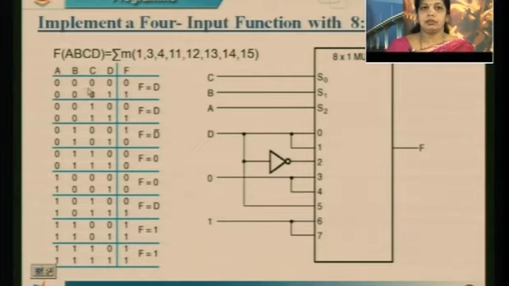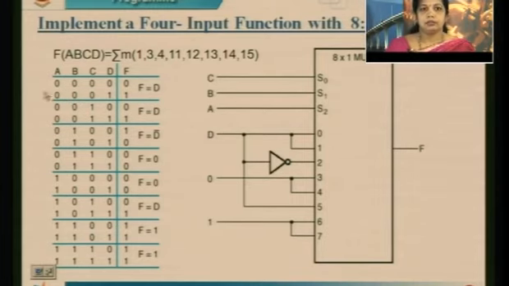Here 0 0 0 is repeated twice, 0 0 1 is repeated once again, 0 1 0 is repeated, and so on. So 16 will become 8. I am going to consider this as a single term. Instead of 0 0 0 twice, I can make it a single 0 0 0, so that it is reduced to 8 bits.